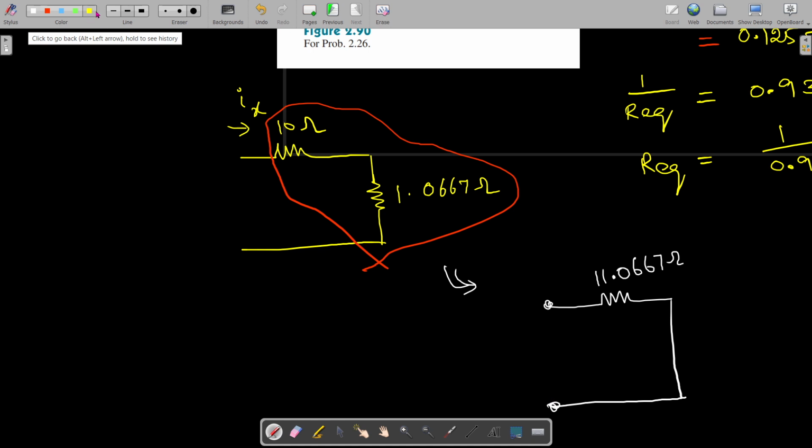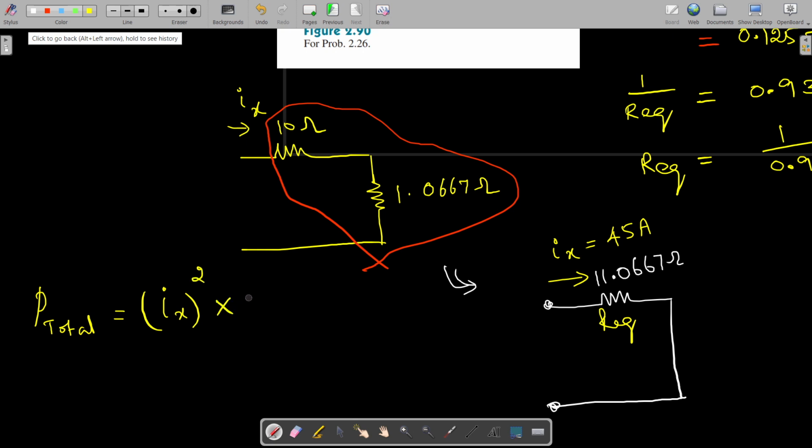In which the current flowing, that is Ix, is already found to be 45 amps. So this is your R equivalent and this is your Ix. So now you can easily calculate the total power, that is equal to I square R. So this is Ix whole square into R equivalent, which is now 11.0667 ohms, isn't it? So it is 45 the whole square into 11.0667.